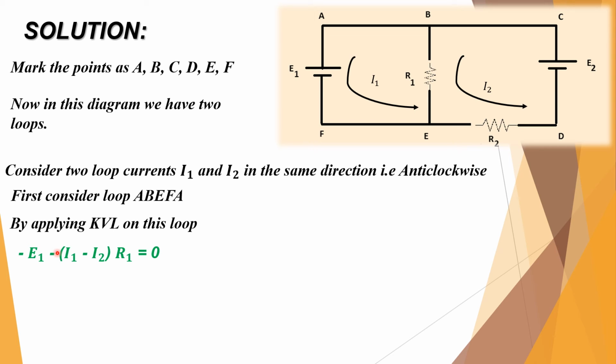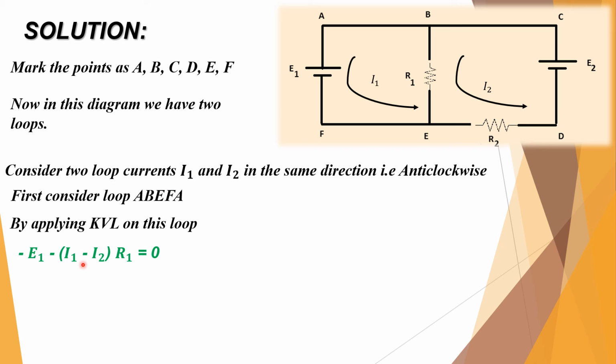Across resistor R1, current I1 is entering. That's why we take I1 as positive, and current I2 is leaving. That's why we take I2 as negative. By summing both currents, we get I1 minus I2, which is the total current.